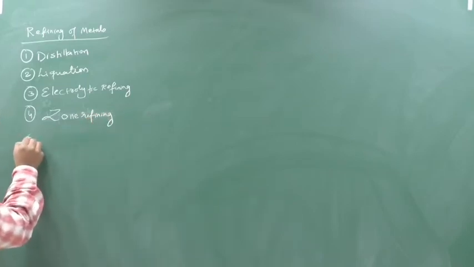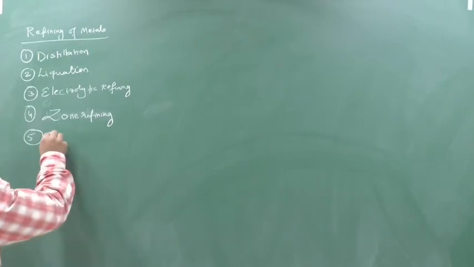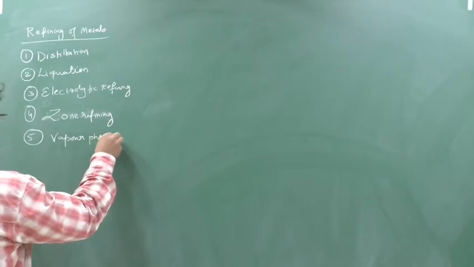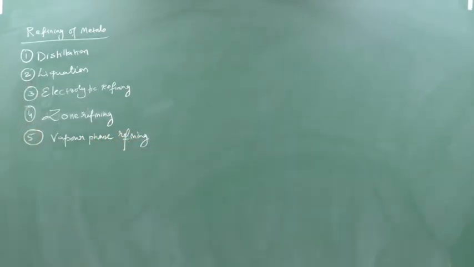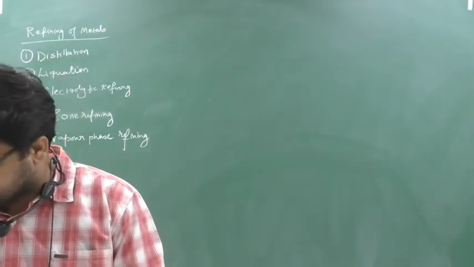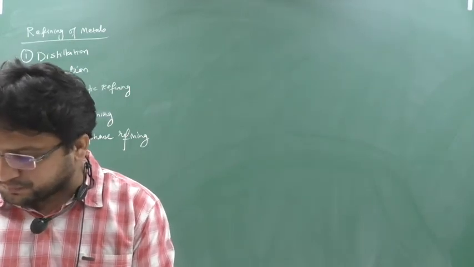Fifth, the next I can tell is vapor phase refining. Clear? In vapor phase refining also we have, I guess, two: one is the Van Arkel method and the other is the Mond carbonyl process, that I will try to explain tomorrow.